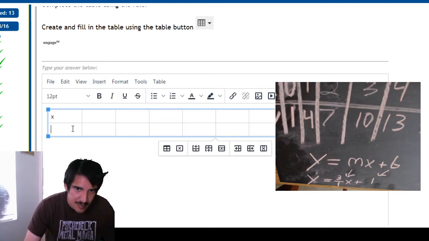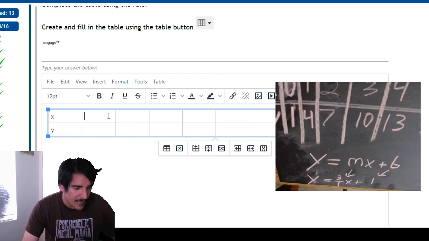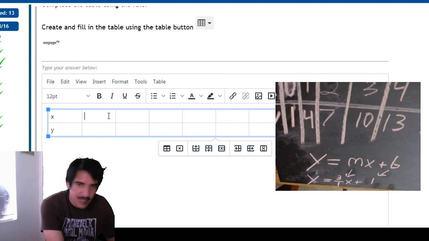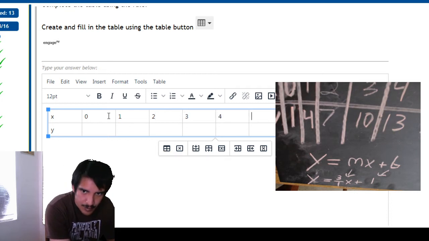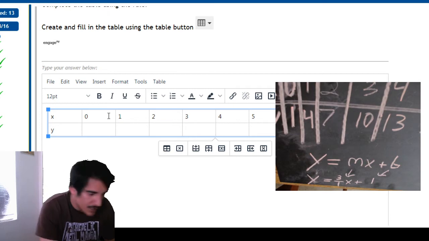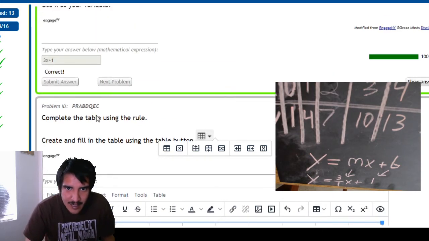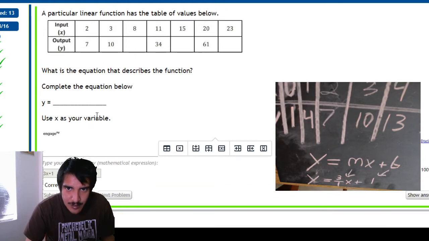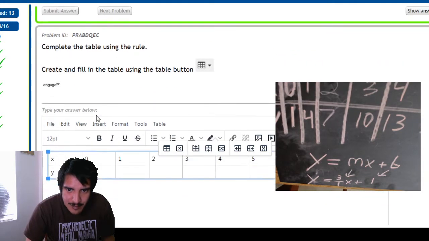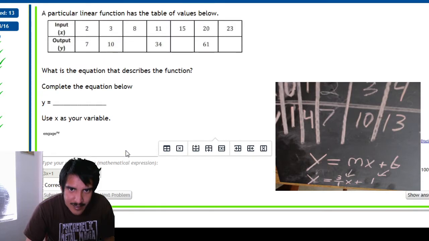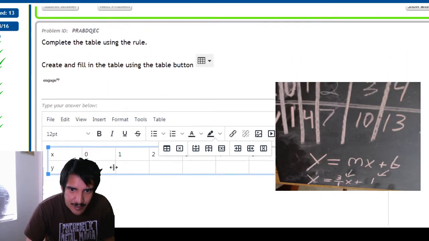So x, y, and then I'm going to do my values 0, 1, 2, 3, 4, 5, 6, 7, 8, and actually they say to complete the table, so it's got to be 2, 3, 8, 11, 15, 20, 23. Dang, hold on. I got to redo these numbers.